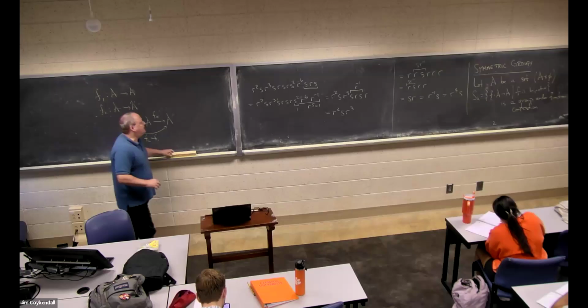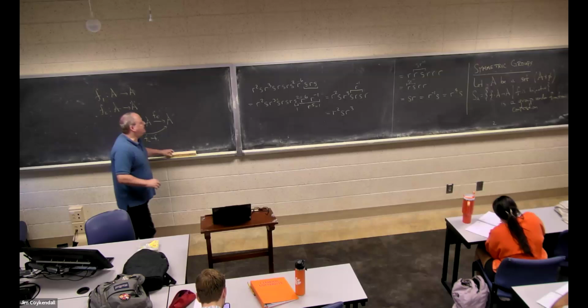Notation: I'm going to let M_n(F) be the n by n matrices with entries in F. Number two, if you see this notation here, GL_n(F), this is n by n matrices with entries in F as above, with determinant not zero.